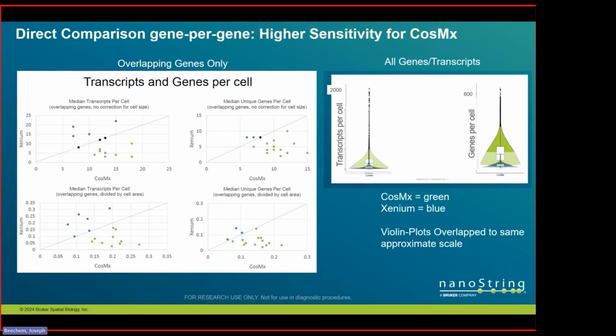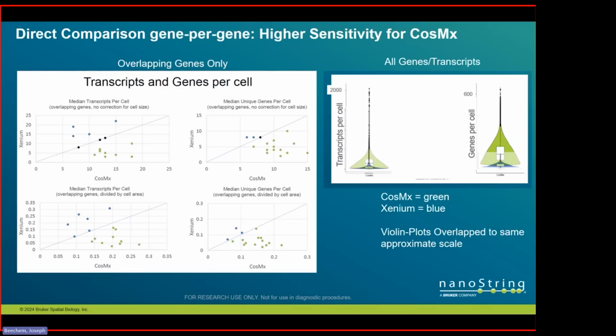They looked closely at the overlapping genes, and they found that ours actually were more sensitive. CosMx was more sensitive than Xenium on the overlapping genes, but I consider it's kind of close. But when you look on the right-hand side, take any data analyst you want. That's the violin plot, CosMx in green, Xenium in blue, transcripts per cell on the left, and then the unique genes per cell.